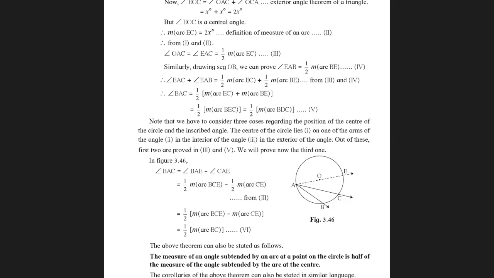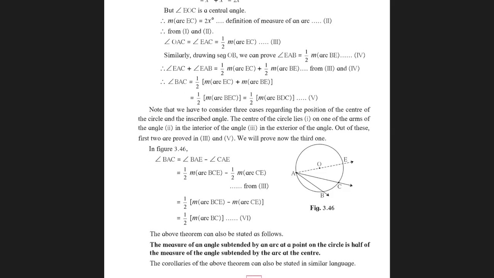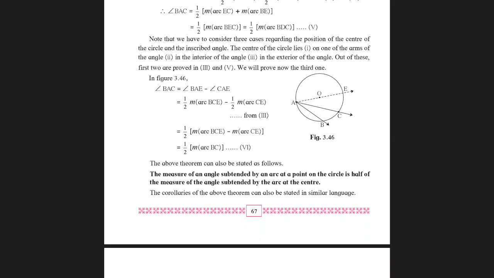So I have proved all the 3 cases. The above theorem can also be stated as follows. The measure of an angle subtended by an arc at any point on the circle is half of the measure of the angle subtended by the arc at the center. Why? Because the measure of the angle at the center is equal to the measure of the arc subtending it.